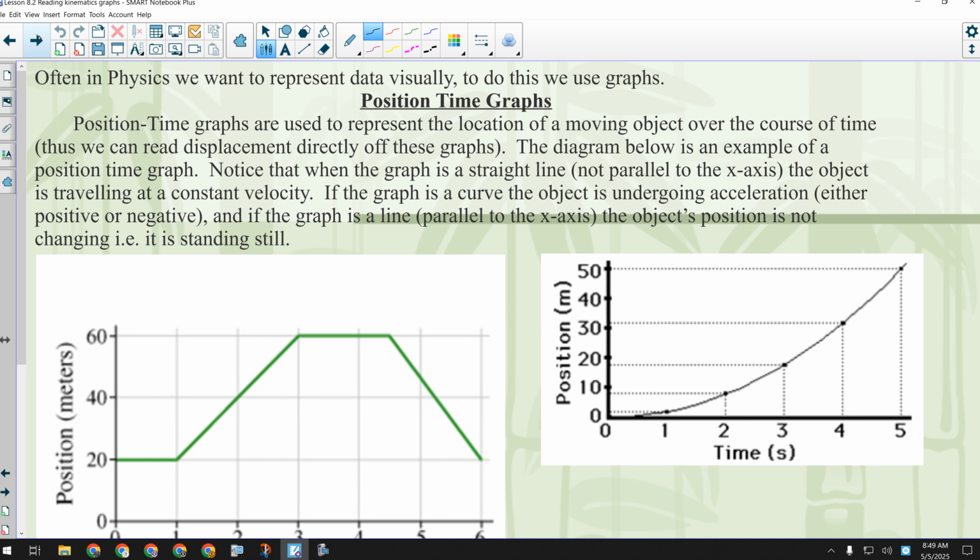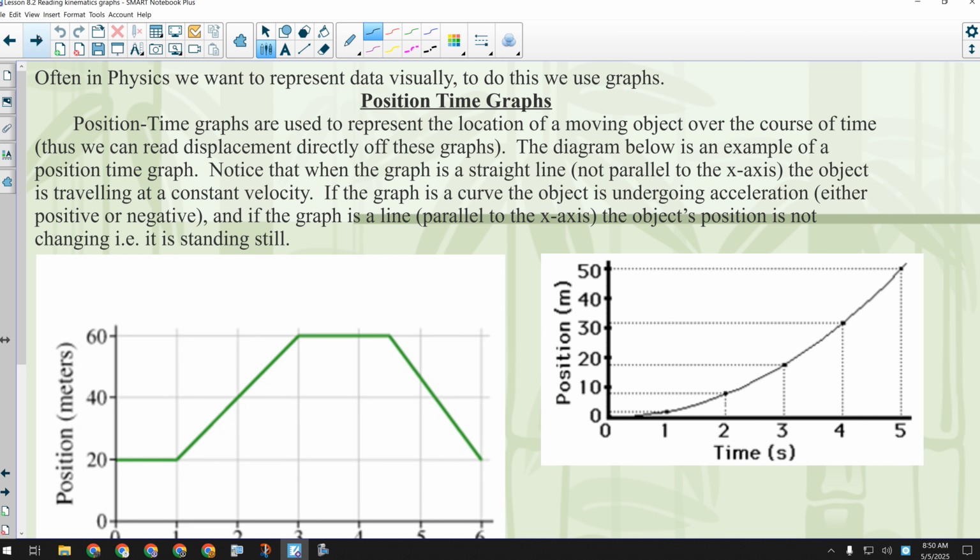So a position versus time graph shows the position of the object as a function of time. Where was it at 1 second? Where was it at 2 seconds? So it is showing a vector quantity. Position is considered a vector quantity because it can be positive or negative, east or west, north or south.